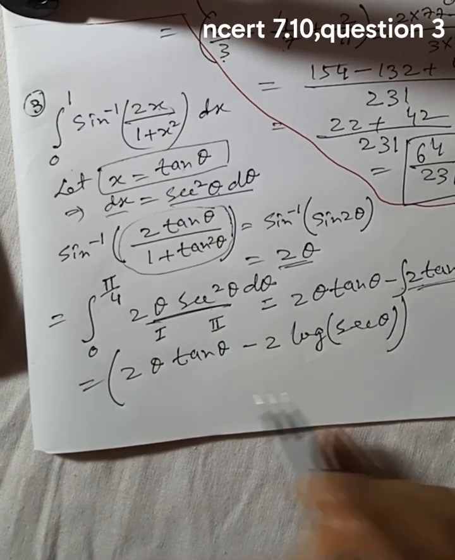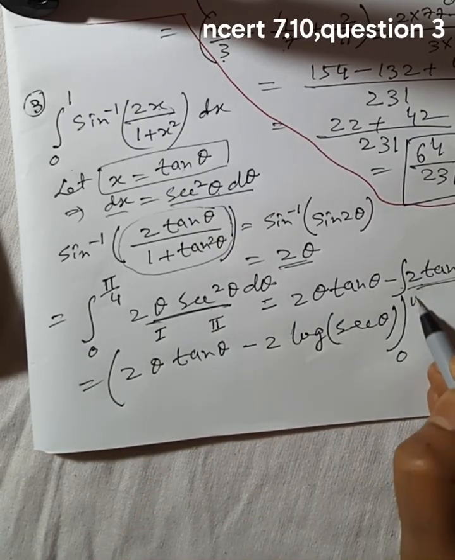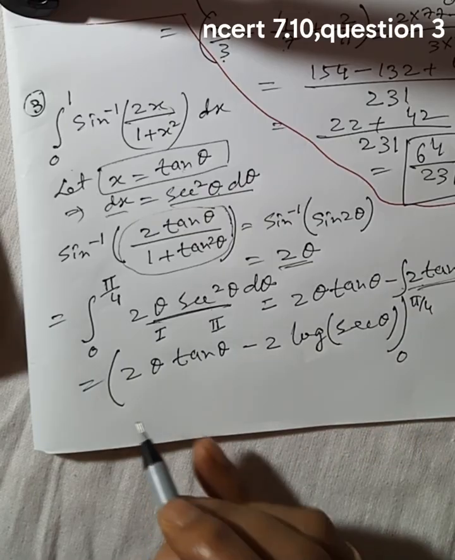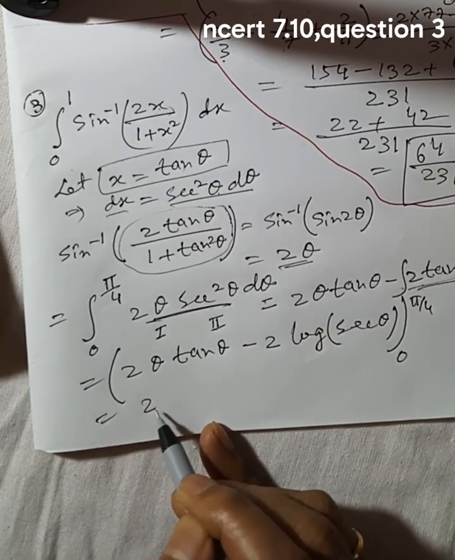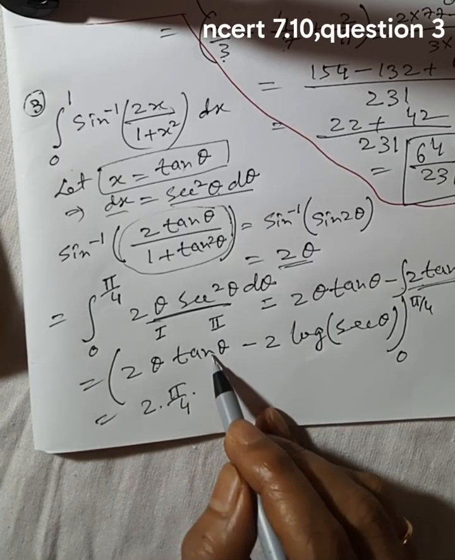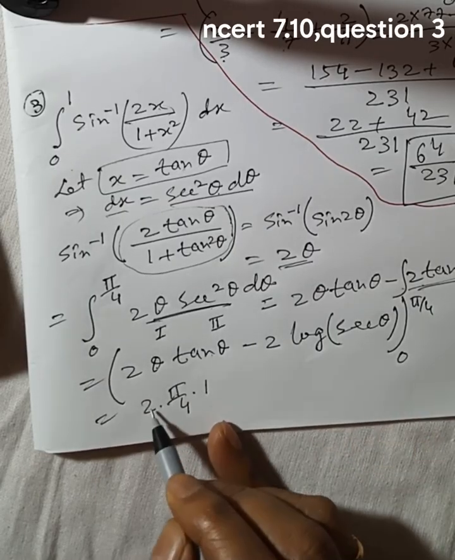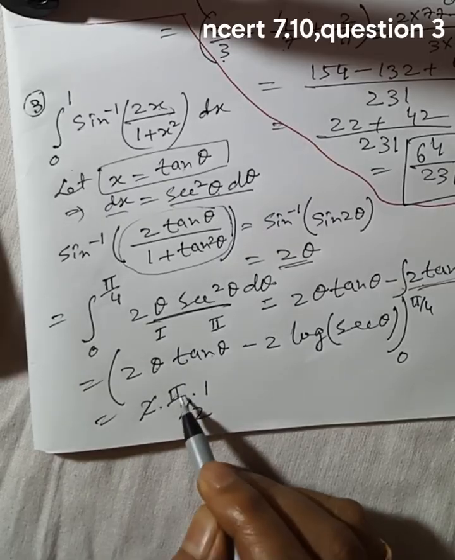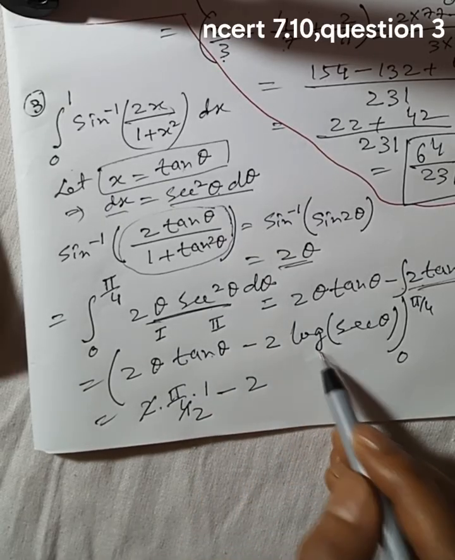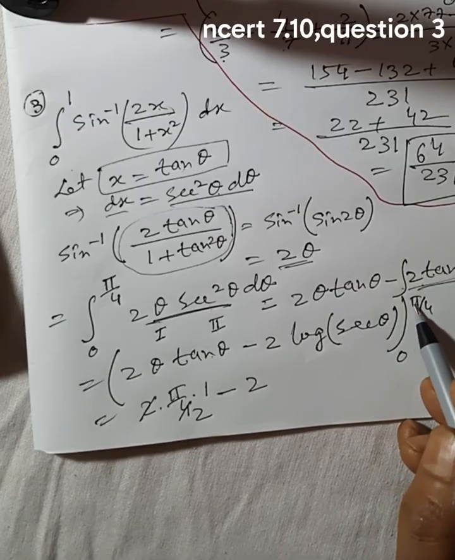Now we put the limit of theta. When theta equals pi by 4, 2 theta equals pi by 2, and tan pi by 4 will be 1, so pi by 2, and this comes to log sec theta at pi by 4.